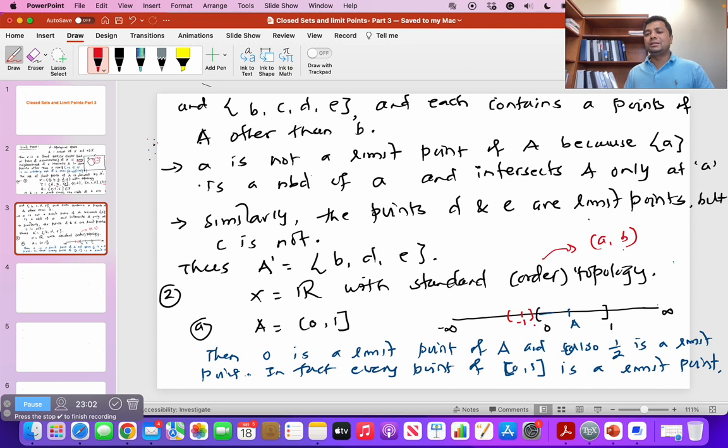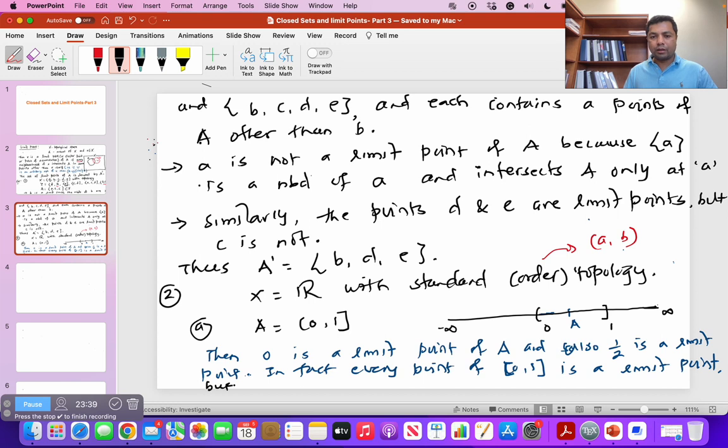So that means -1 is not a limit point. You can similarly investigate the other points outside of the closed interval 0, 1, and you will find that those points are not limit points of our set A.